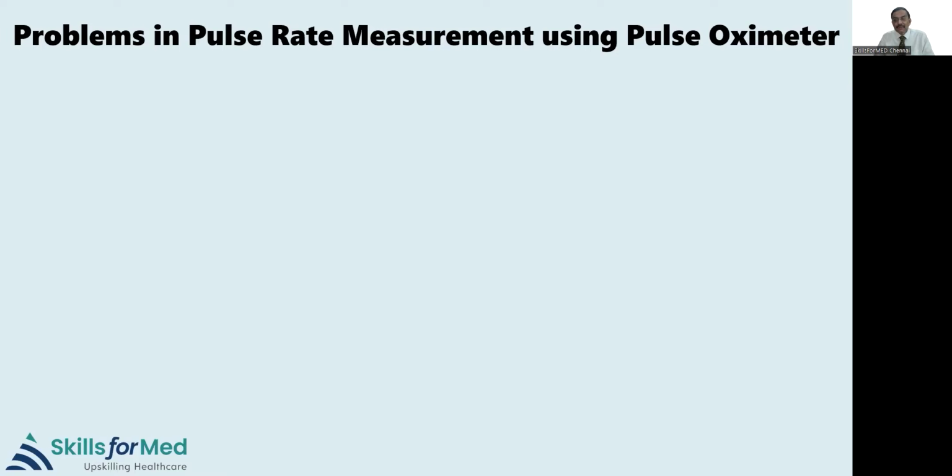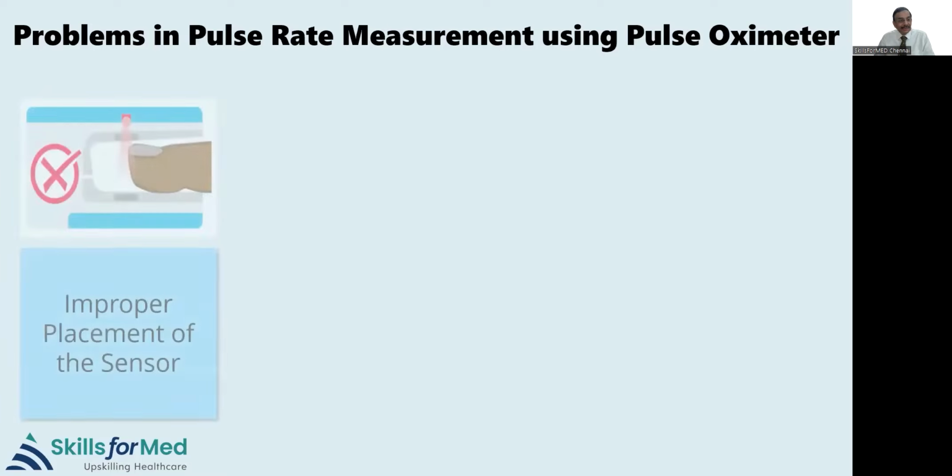I'm sure some innovative person may come up with various shaped pulse oximeter probes to give the patient more comfort, like teddy bears and things like that. But for now, what are the problems with pulse oximetry? One is the improper placement. The sensor should be exactly on the nail bed.